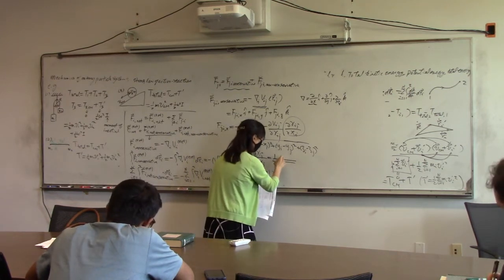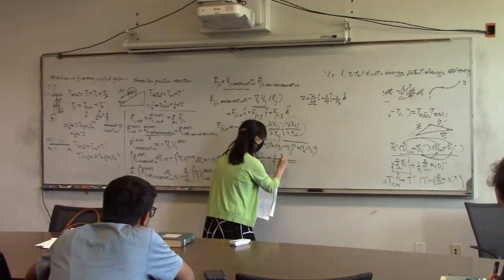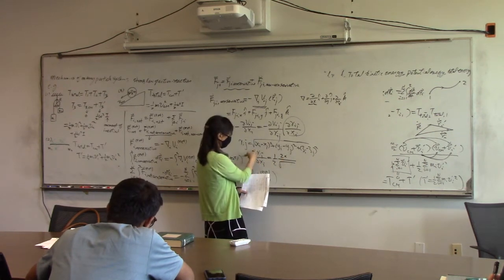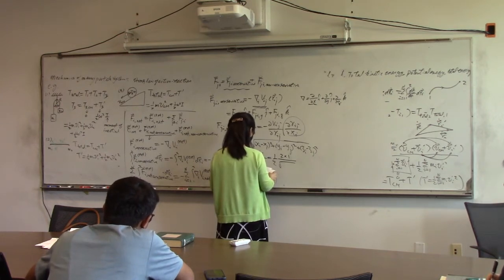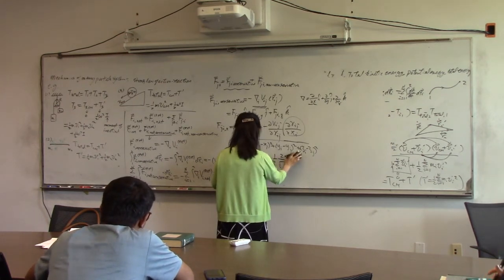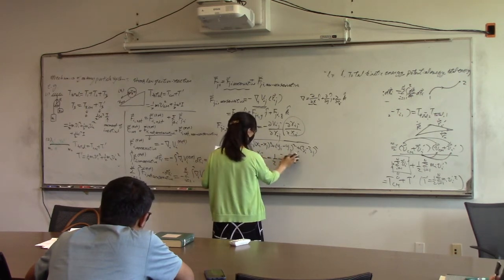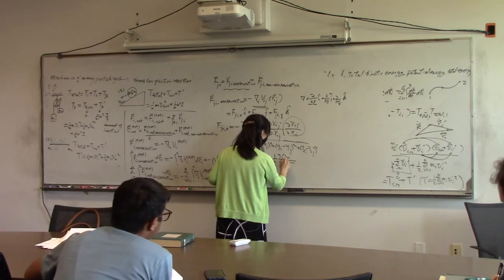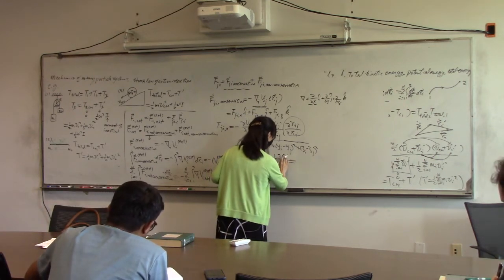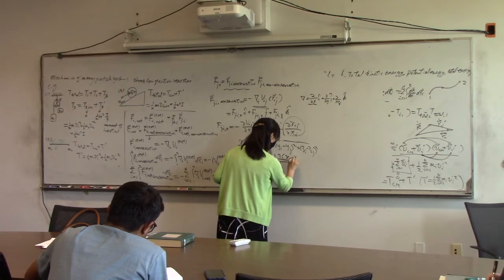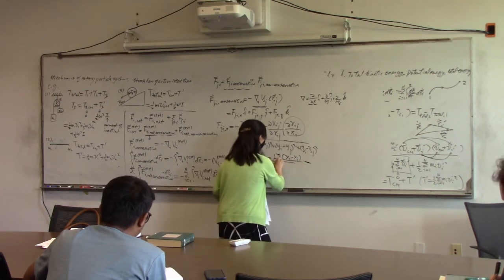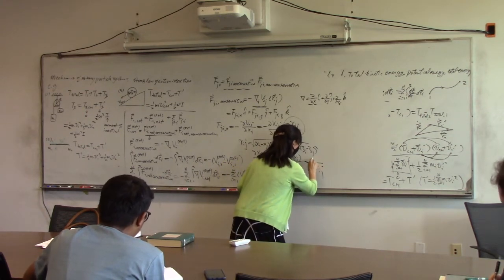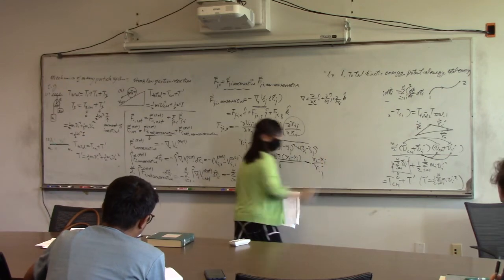Then half, and here 2 multiplies, 2(xi minus xj), and the derivative of xi is 1. So this is Rij, and the 2 cancels, so that is (xi minus xj) over Rij.